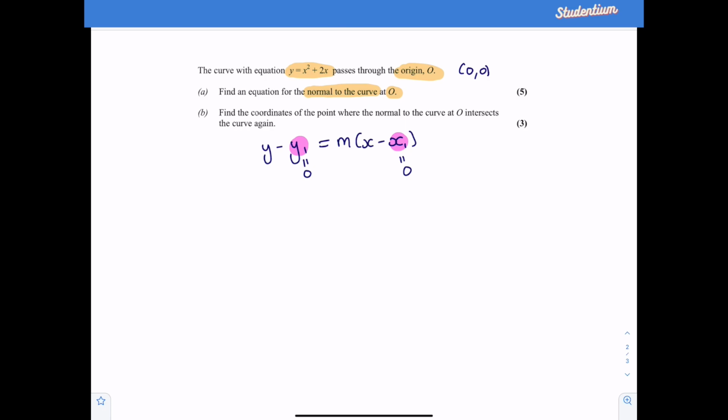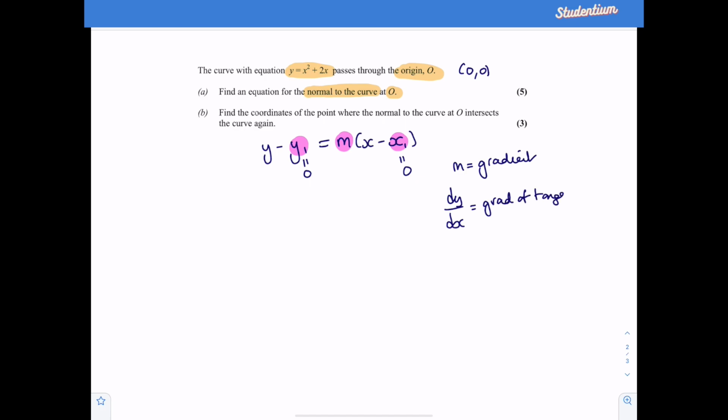And then for m, that is the next thing that we need. So m is the gradient, and we need to ask ourselves, how are we going to get the gradient of this curve? In a question like this, when we're given a curve, by differentiating we can get the gradient of the tangent.